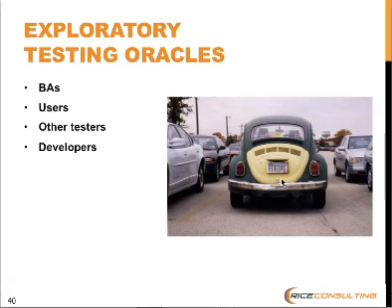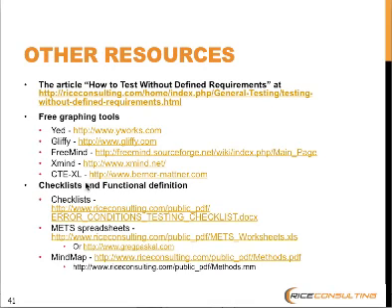It just looks weird. Now this was not my original picture. A friend of mine sent this to me. But whoever drove this vehicle must have either been a developer or a tester on the bug, is it a feature? So BAs, users, other testers, and developers can be helpful in helping you understand the results of exploratory testing.